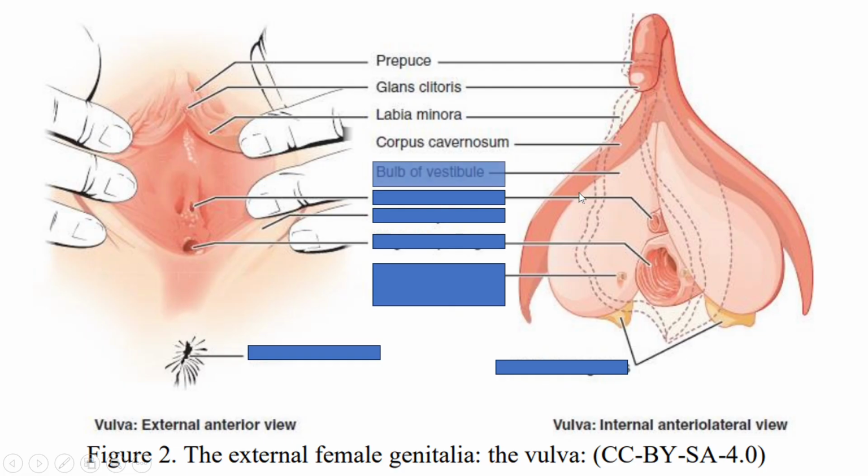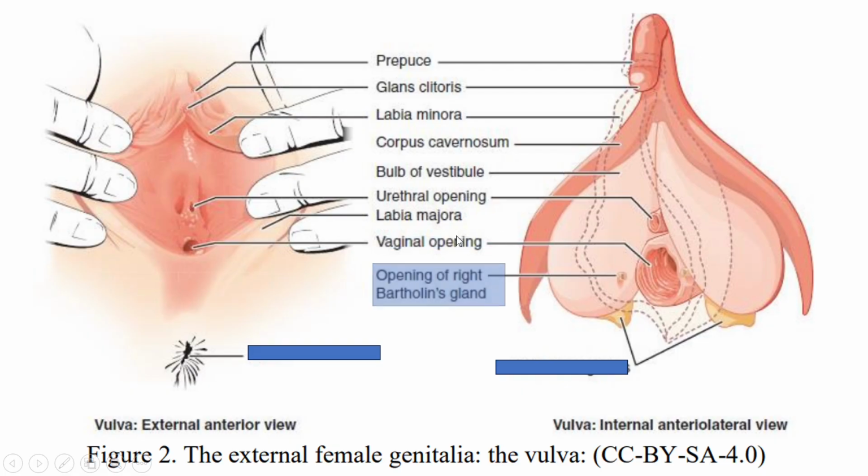Then you have here the bulbar vestibule, just a series of structures there. They have the urethral opening, the labia majora, the vaginal opening, the opening of the right Bartholin gland, the Bartholin glands, and also the anus. So that would be what another viewpoint of the female reproductive tract external structures would look like.